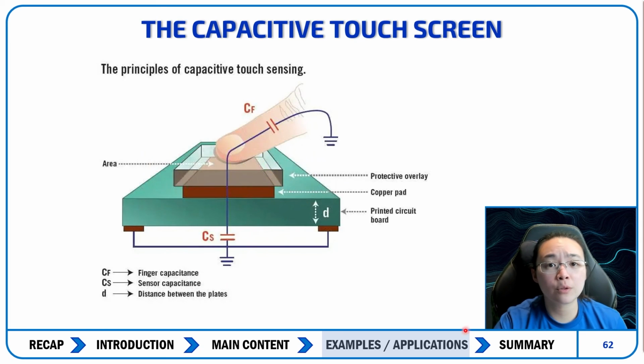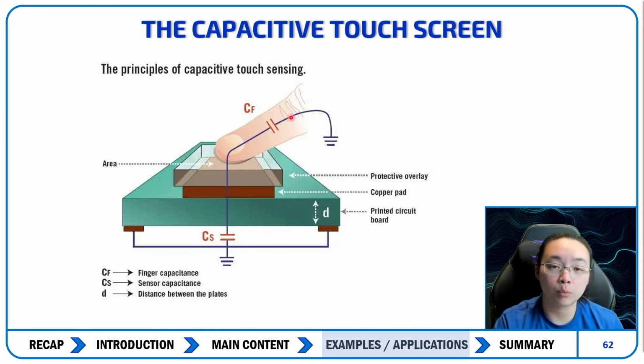So here's another diagram of the capacitive touchscreen and essentially the parallel plate capacitor that's created. Over here, the whole system is grounded and you have some sort of capacitance from your sensor. Now, our bodies are electrical conductors as well, and we're also grounded, and we also have some sort of capacitance.